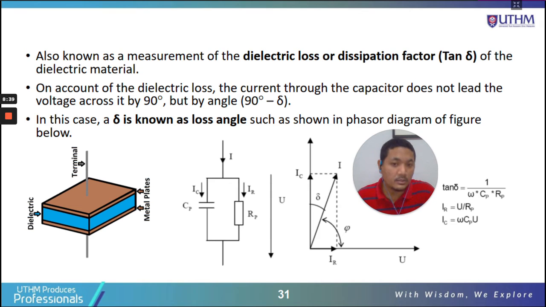Because of that small loss, usually a very small value, we can represent it in a phasor diagram like this.